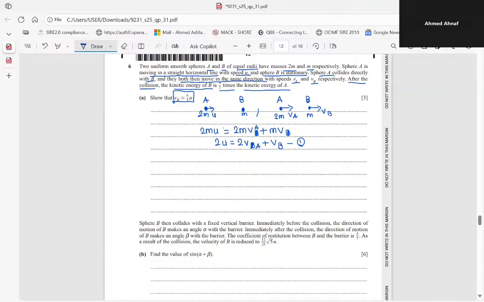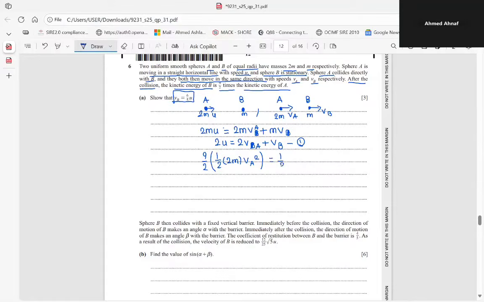Now let's make an equation with the second piece of information regarding the kinetic energy. Okay, so we're told the kinetic energy of B is 9 over 2 times the kinetic energy of A. So let's find an expression for the kinetic energy of A. So that's just half 2m vA squared, and then this is times 9 over 2.